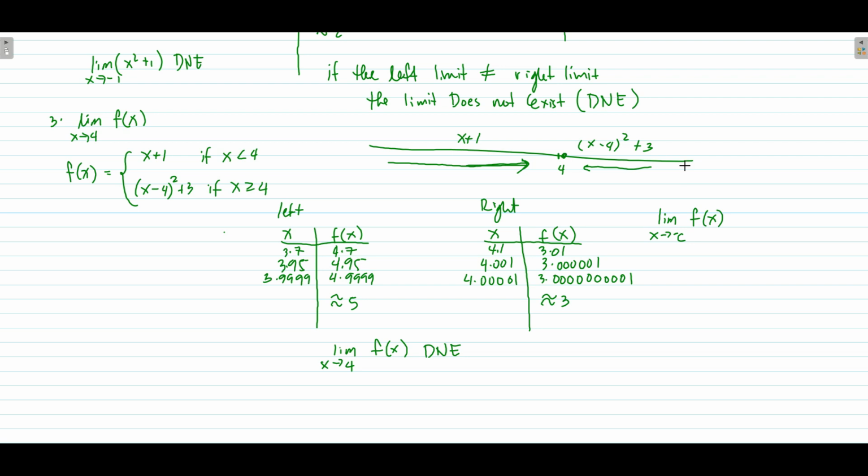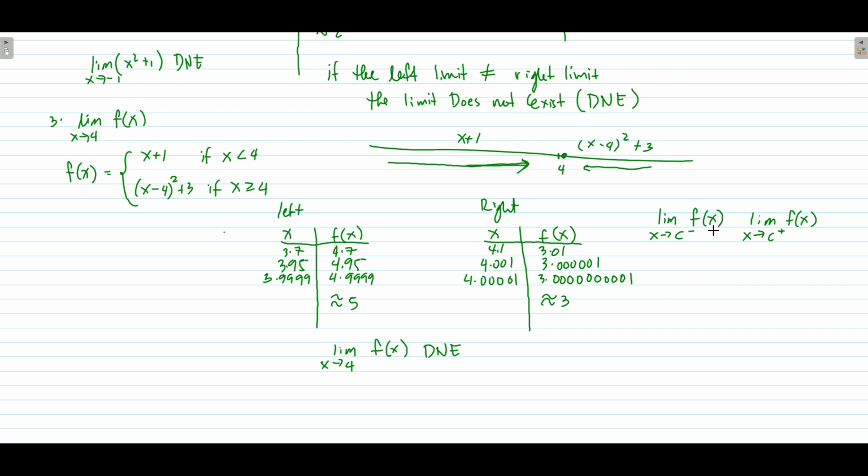While pag from the right naman siya, if approaches from the right, instead of writing a negative c, ito na yung limit of the function as x approaches c from the right. Or I should say, mas mauna yung c from the left. Then we have the limit of the function as x approaches c from the right.